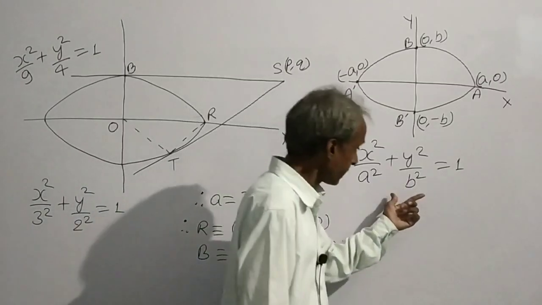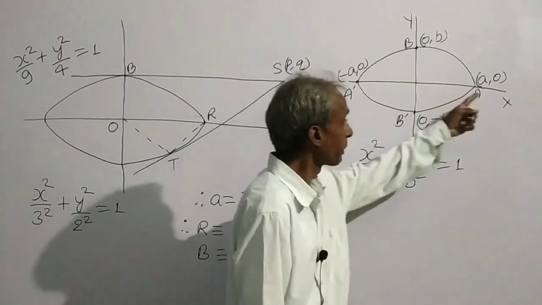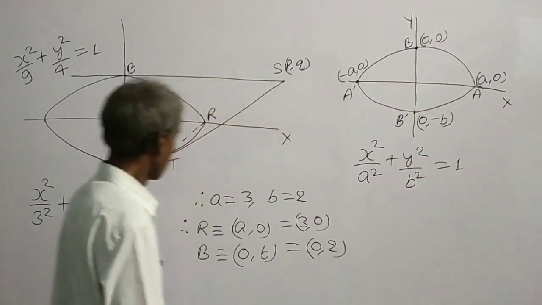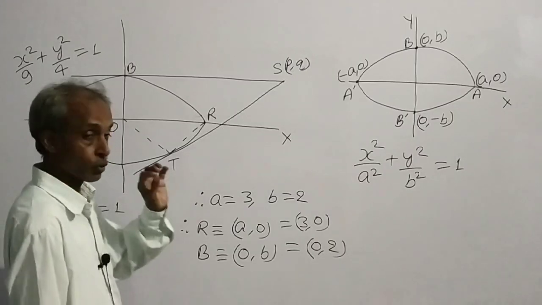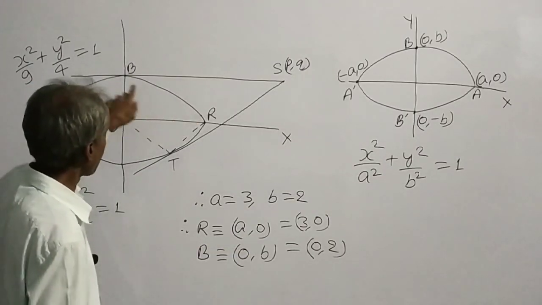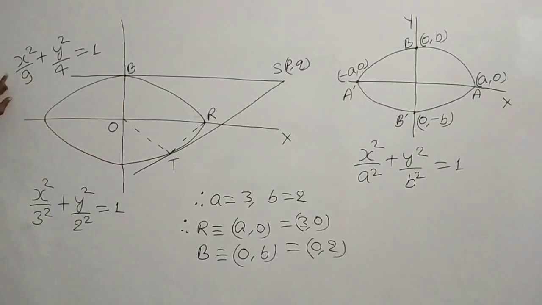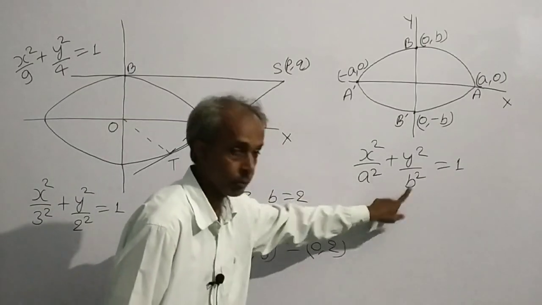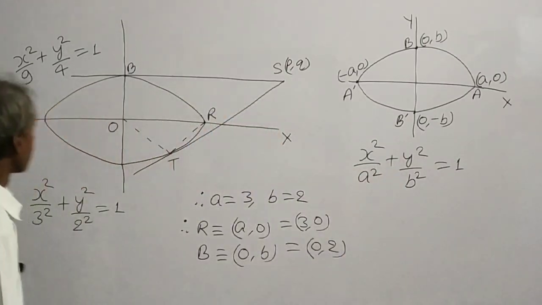By using this information, this formula, we will try to write coordinate of point R and point B. First we convert this equation in this form. Here is a square and b square.